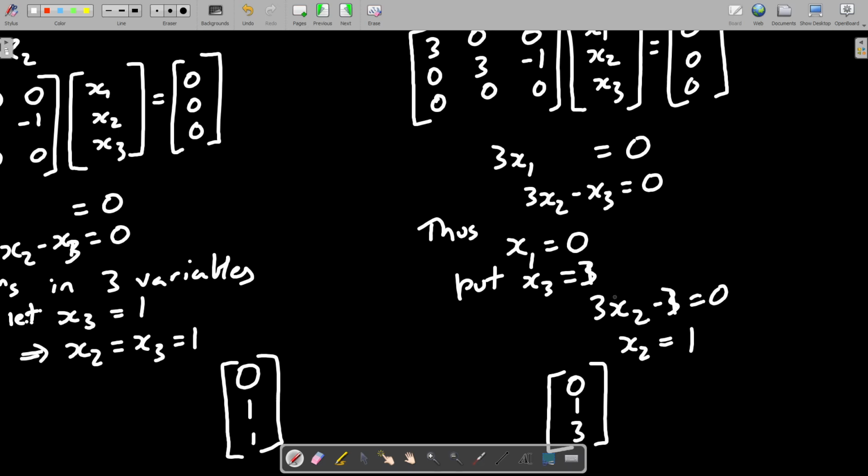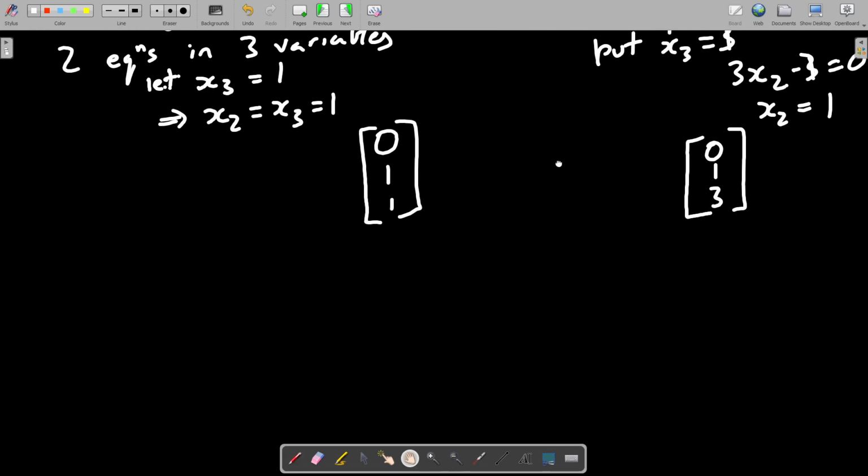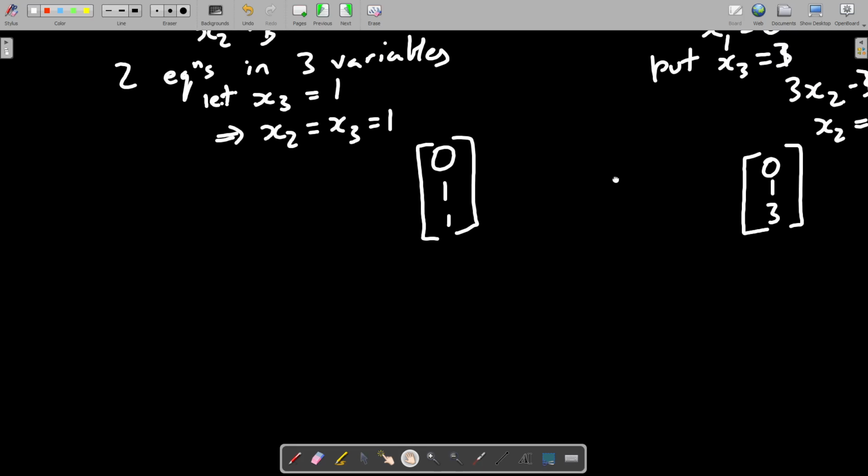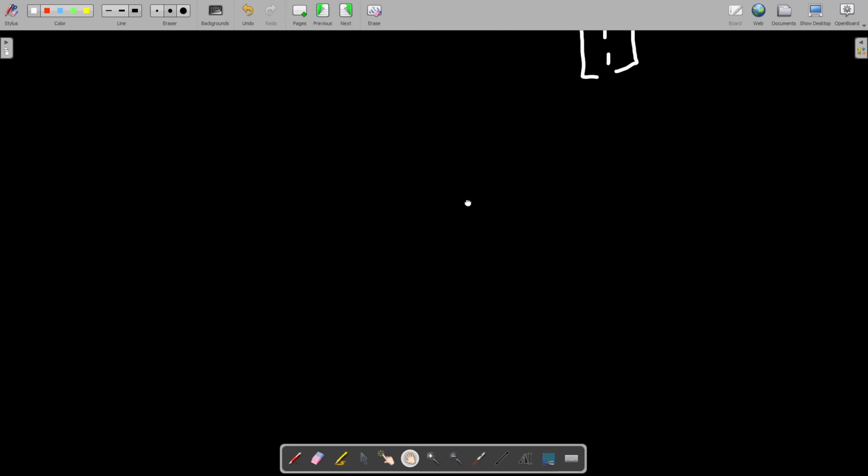I purposely took 3 over here to avoid a denominator. You can choose any number. 0, 1, 3.